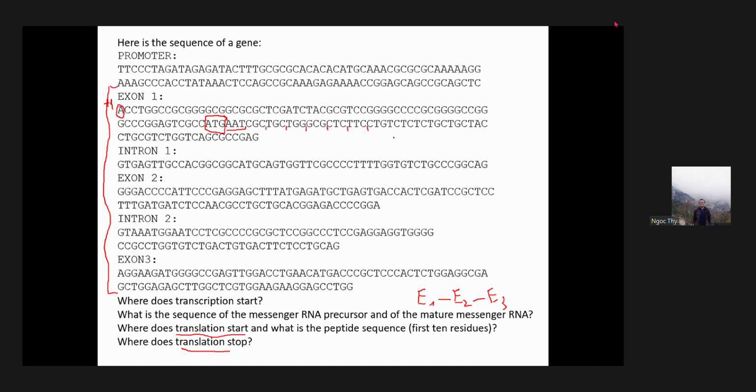And where does the translation stop? So this question is tricky. You have to follow this ATG, three nucleotides at a time, until you reach the stop codon. Remember that if you have a stop codon like here, the stop codon is here.